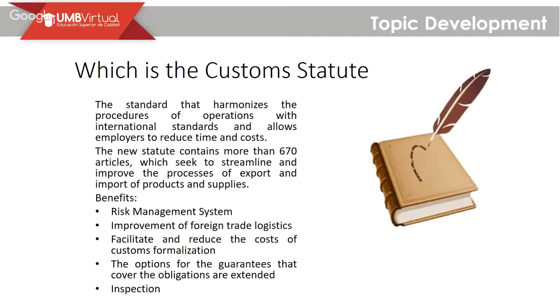This means that if you don't have any money and you made an importation process and it is in customs clearance here in Colombia, you can have extra time to pay the taxes that you have to pay in order to make the clearance process of the products that you are entering into the country. And also the inspection is going to be faster, and it's going to give you more advantages in order that you can make these processes.